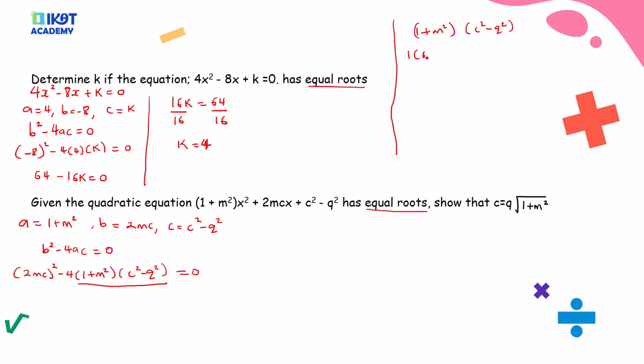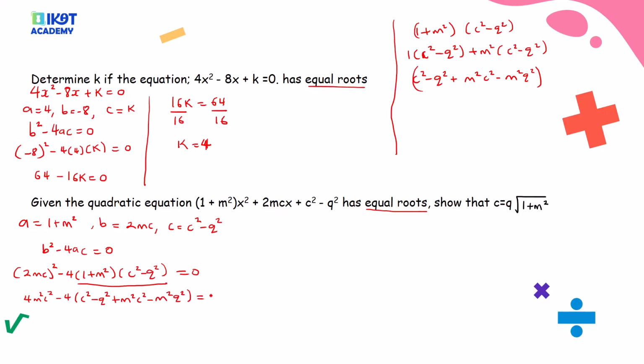So 1 into c squared minus q squared plus m squared into c squared minus q squared. So this is c squared minus q squared plus m squared c squared minus m squared q squared. So this is what we have. So meaning here we have 4m squared c squared minus 4 into c squared minus q squared plus m squared c squared minus m squared q squared is equal to 0.